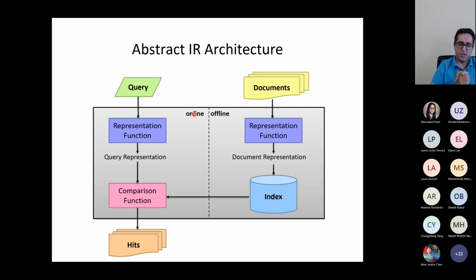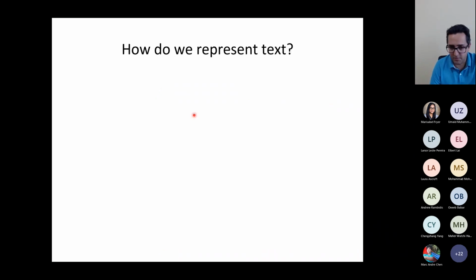So the left part must be quick. And there are some other technologies like web crawling for web search. We have to go and find web pages and things like that. We don't talk about those things here. We assume that we have the documents somehow, and we're going to talk about the indexing process.